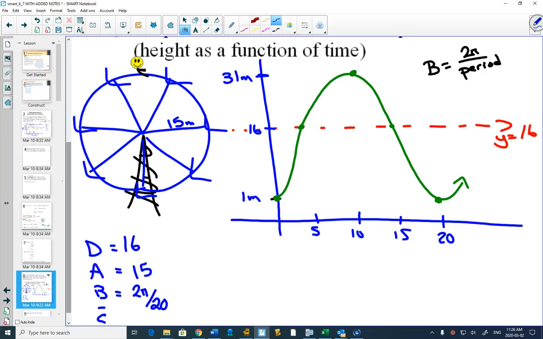Oh, I forgot, this is time in seconds, and this was height. Is it meters or kilometers? Definitely kilometers.